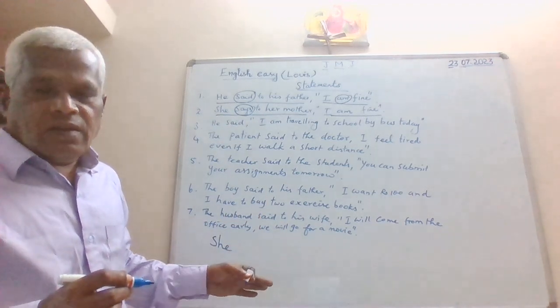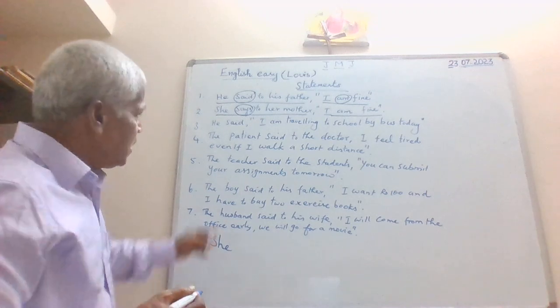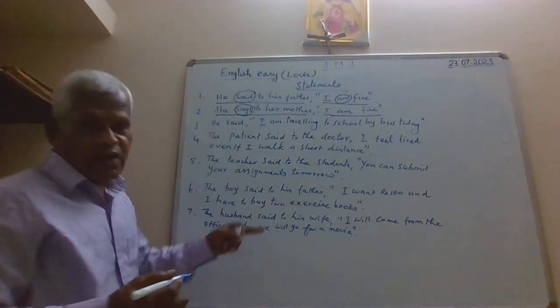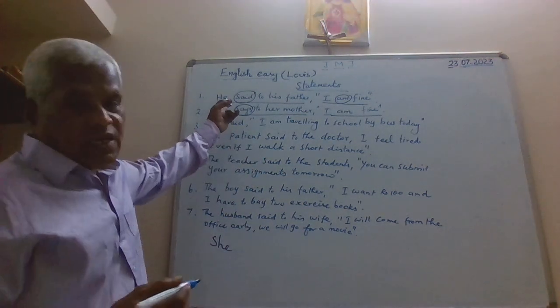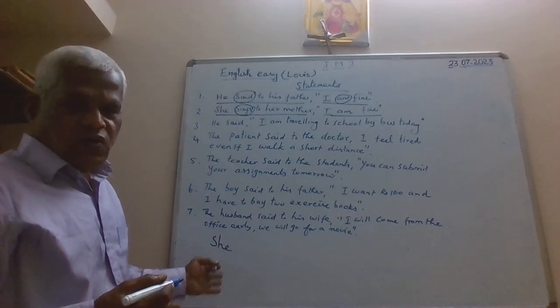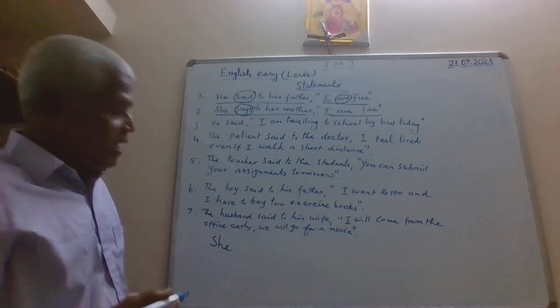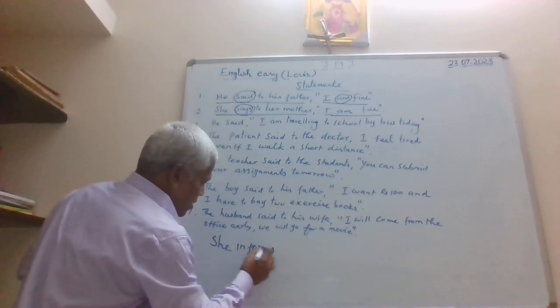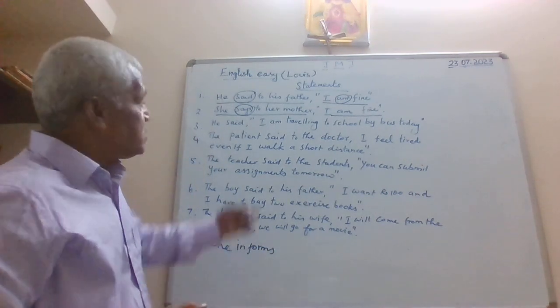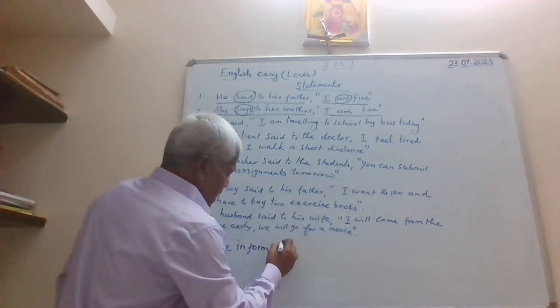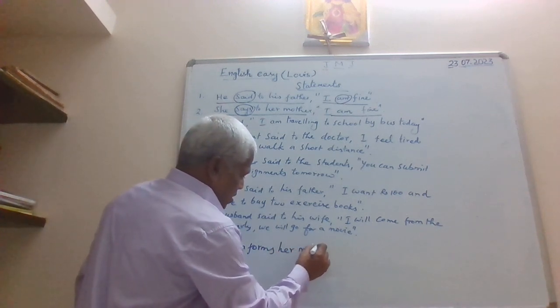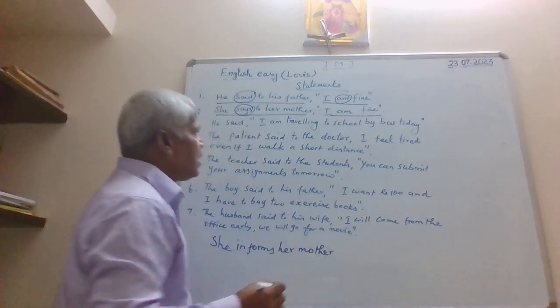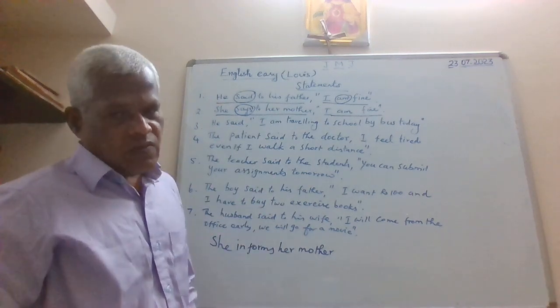What did we write in the previous sentence? I said he informed. So you can write the same verbs in present tense. See, she informs, or she tells, informs her mother.